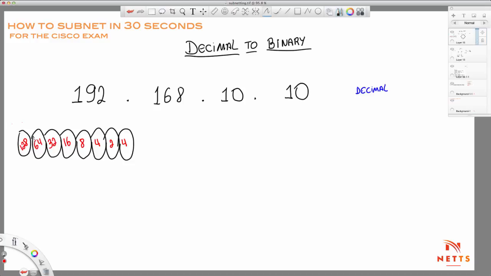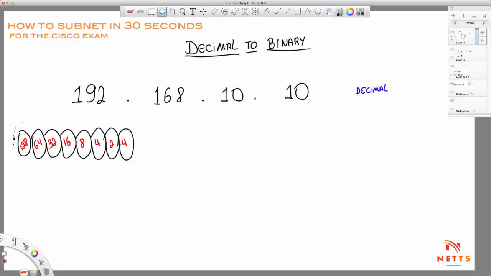So the first bit has a value of 128. When I want to get to 192, I'm going to turn on the 128 and any other bit needed to get the value of 192. But for now, we're going to leave this one like this.